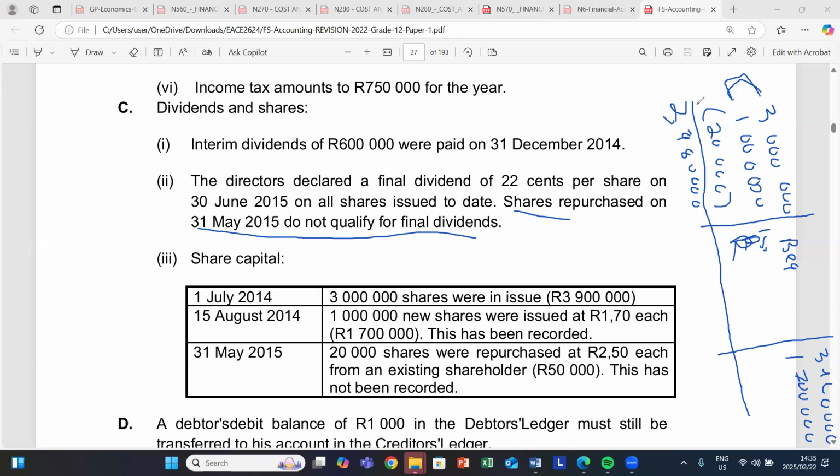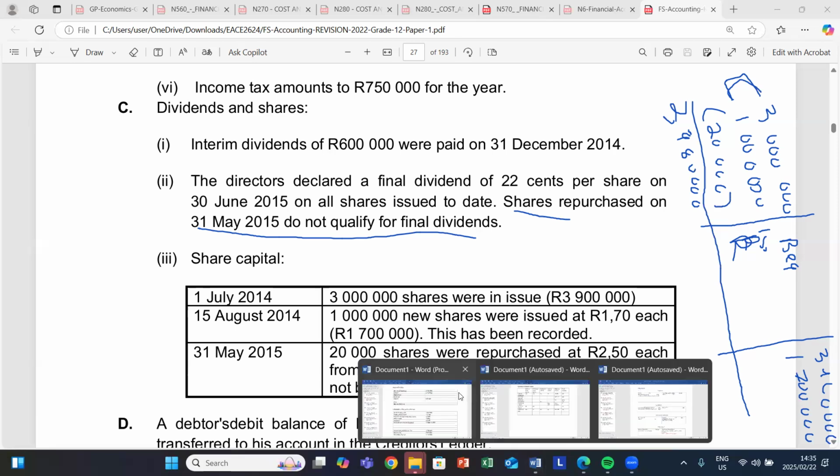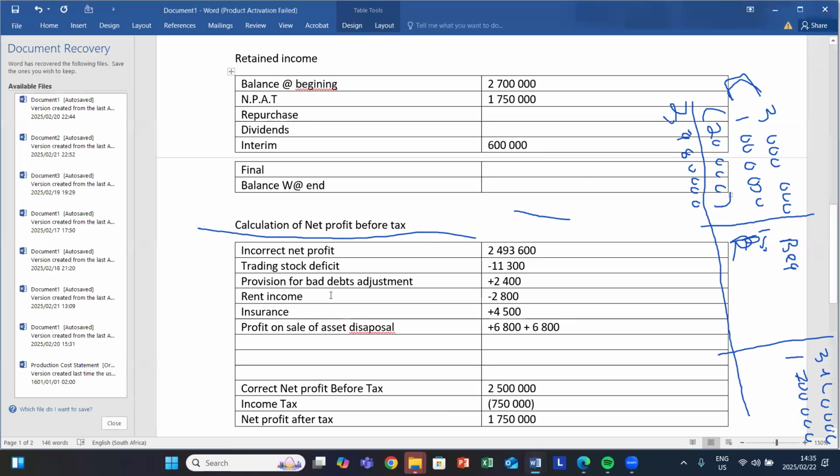So in the calculation, you are supposed to say 3,980,000 multiplied by 22 cents. Let's calculate it.